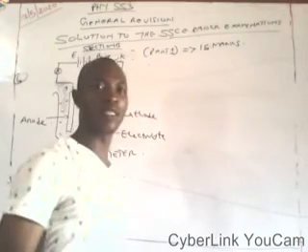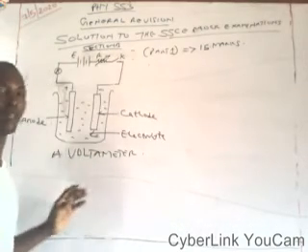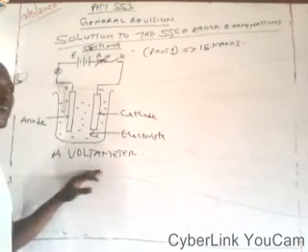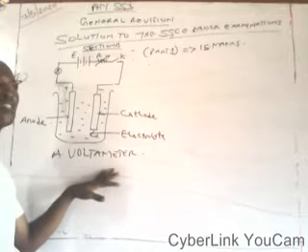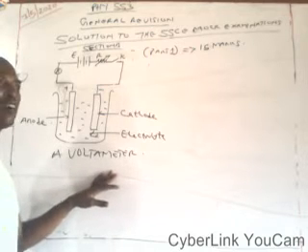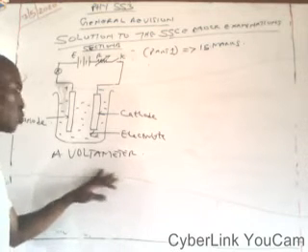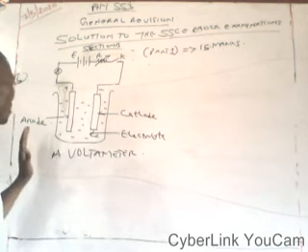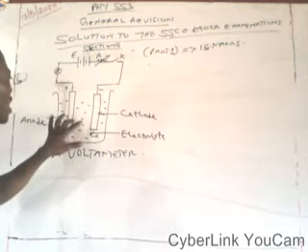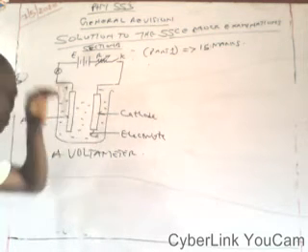Now, this is a typical diagram of a photometer, and the photometer is just a device or an instrument used in the study of electrolysis. So it consists of two electrodes, that is the cathode and anode.